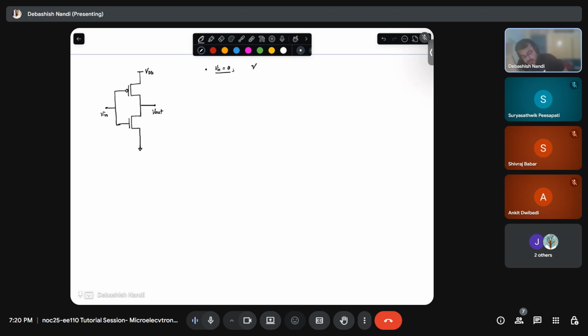What do I expect at my V out? I expect 1, right? So if V in is 0, that means PMOS is at on state, right? Yes, sir. So this is your R on P, and then you have your load capacitance here, CL. So similarly, you will have your CL here connected.